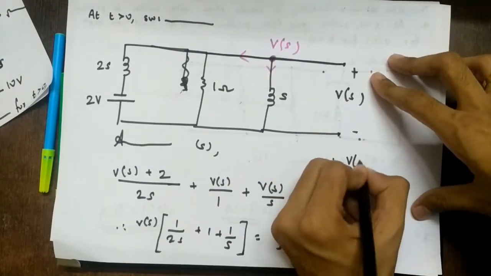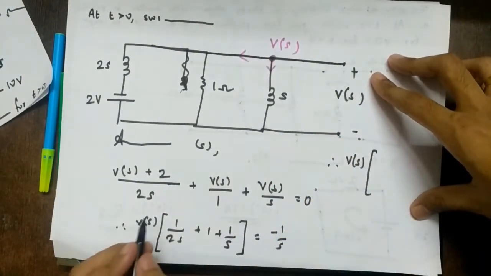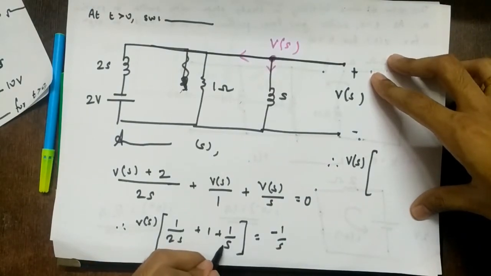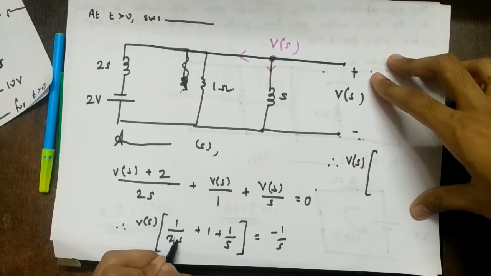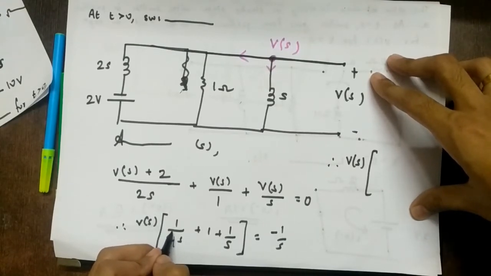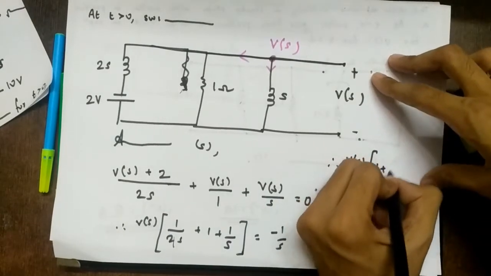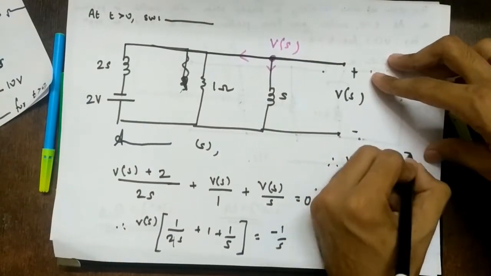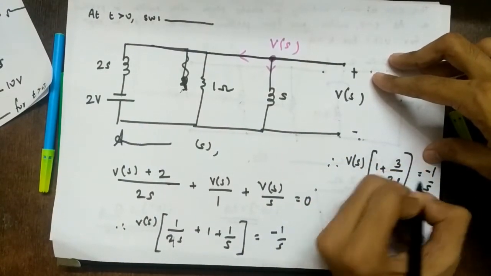So V(s) into, what will this be? 2 upon 2s, sorry, I got confused. So 1 plus 3 by 2s equals minus 1 by s.